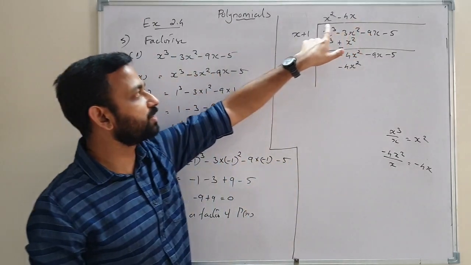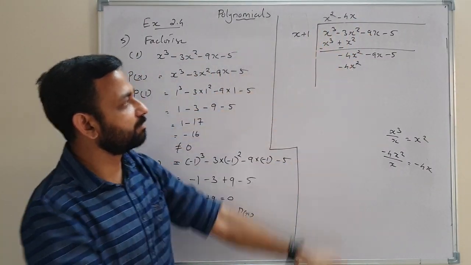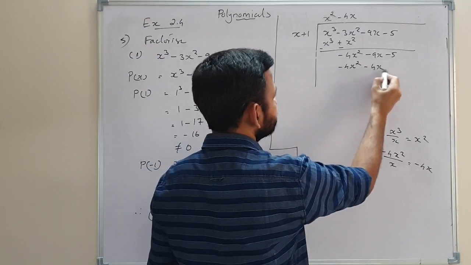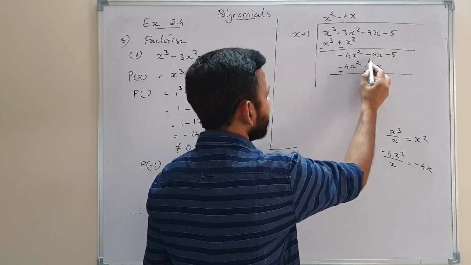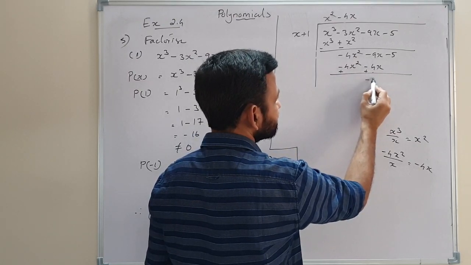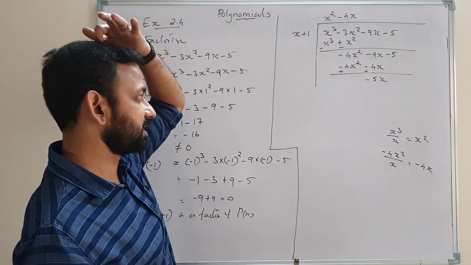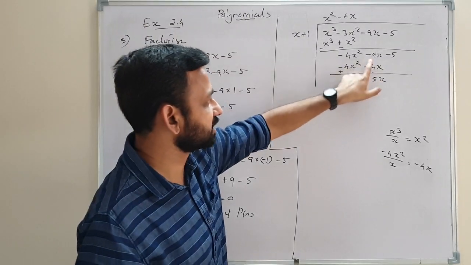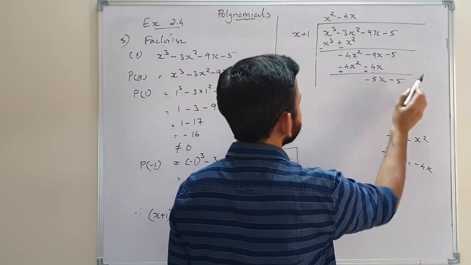Minus 4x into plus 1 is minus 4x, below the x term. Again opposite sign, 0, and minus 9x plus 4x is minus 5x. Then the rest of the term, minus 5.